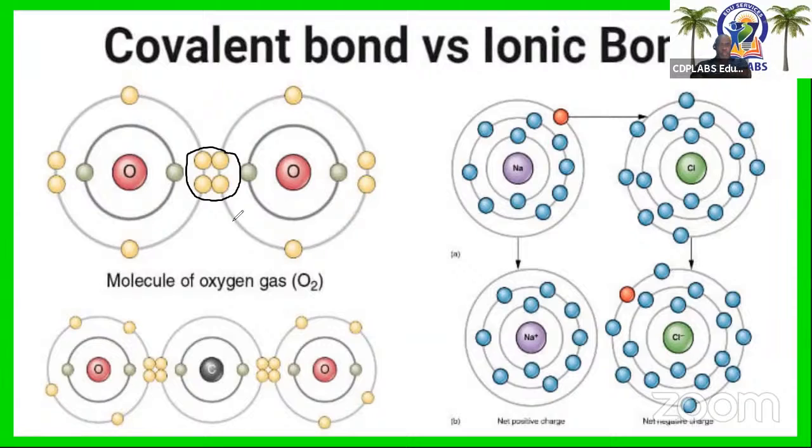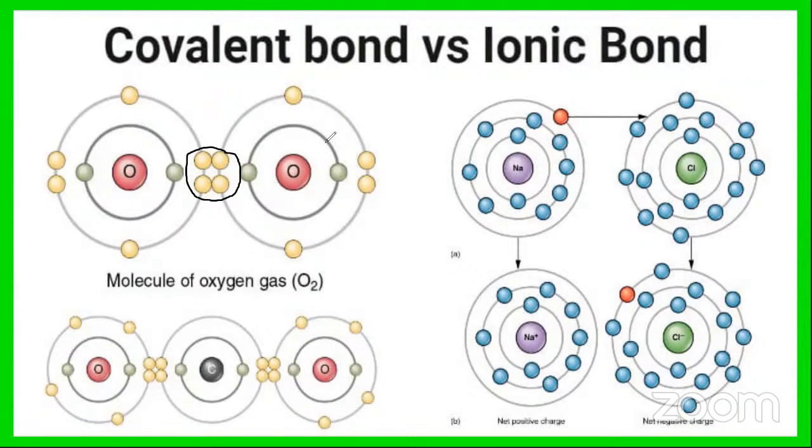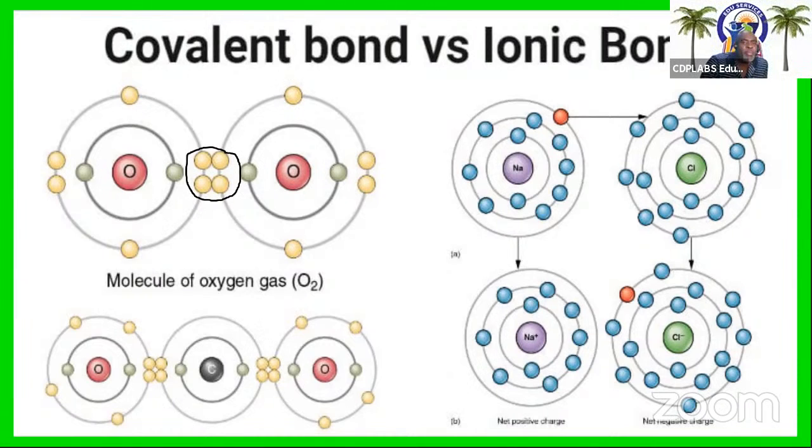Now I'm saying covalent bonding is when atoms share electrons, and ionic bonding is when one loses and the other gains. All right? That's the difference.